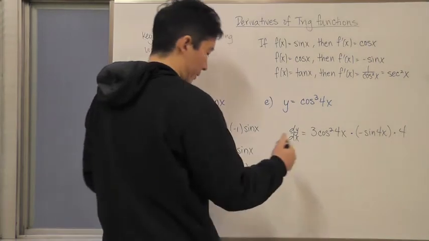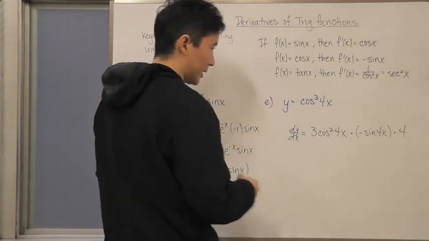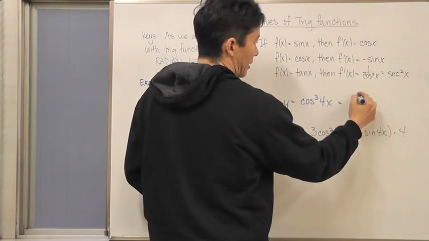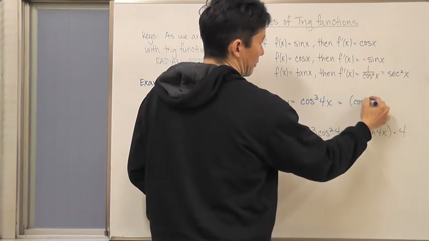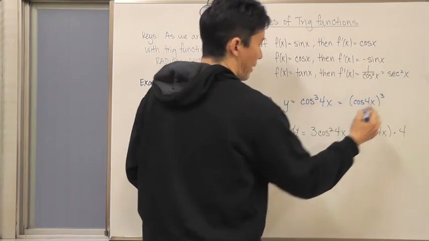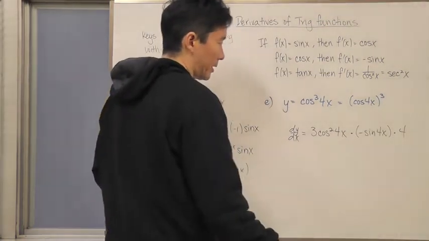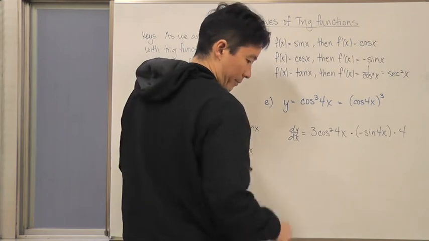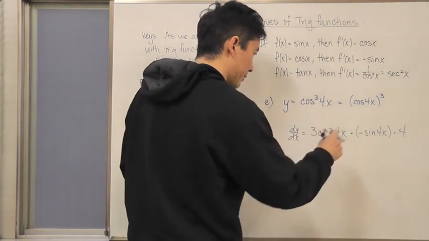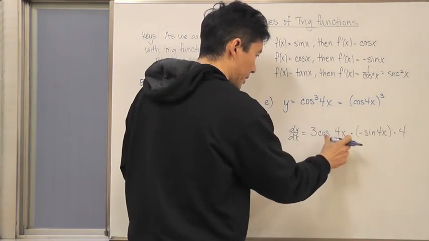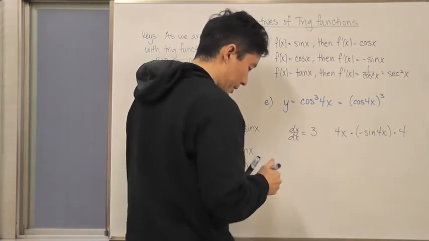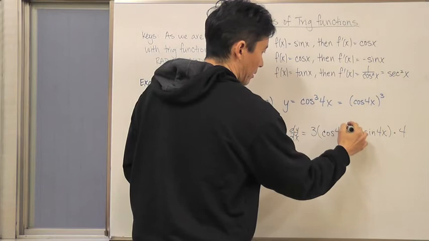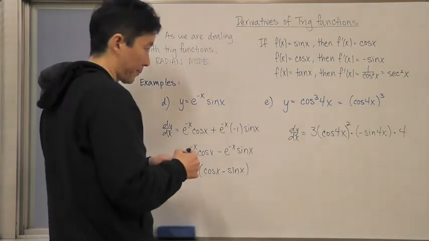Okay, now if that was a little bit tricky to see, let's take a look at it this way then. This is the same thing again as the cosine of 4x raised to the third power. So that's why we did the power rule first, right? Power rule first. And if I wanted to write this one slightly differently so that it's a little easier to see how we're calculating this derivative, like that.